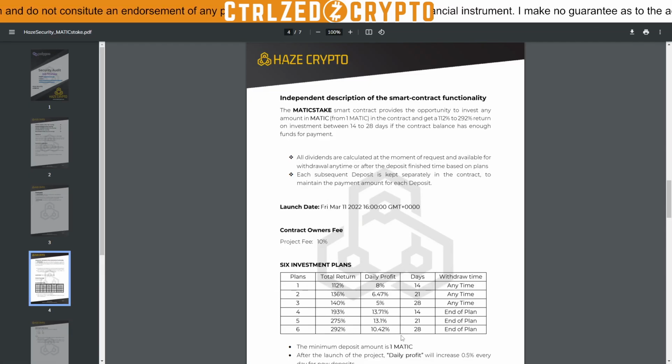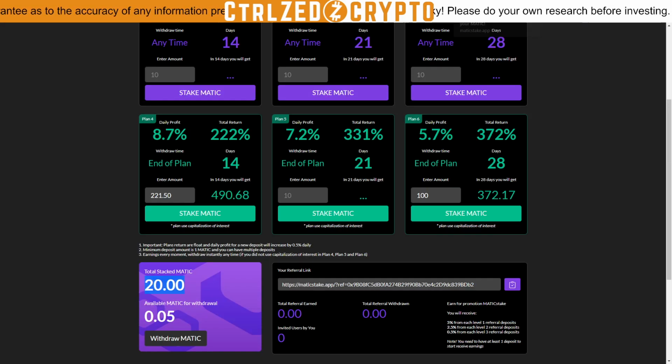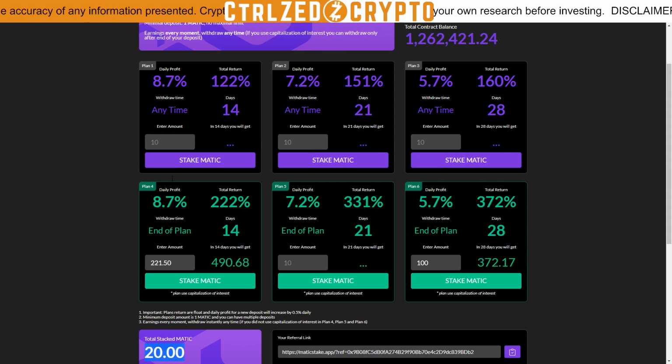And then you look at the total returns for each plan, and you can see here that plan 1 starts at 8% daily, and plan 4 starts at 13.7. So if we go back to the page here, this should be 13.7% as a starting point.